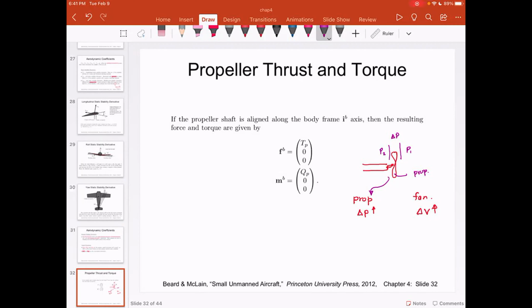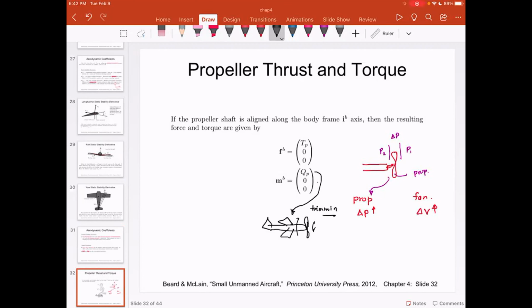So what I want you to understand here is there is a desired effect and an undesired effect. If you have a prop that is attached to the plane, and I'm going to talk about the front prop, so if you have a prop in front, according to Newton's third law, every action is going to give you an equal and opposite reaction. So when the prop is rotating, it's giving an equal and opposite reaction on the airframe. So this unneeded torque needs to be compensated by a baseline aileron deflection, and that is called trimming.